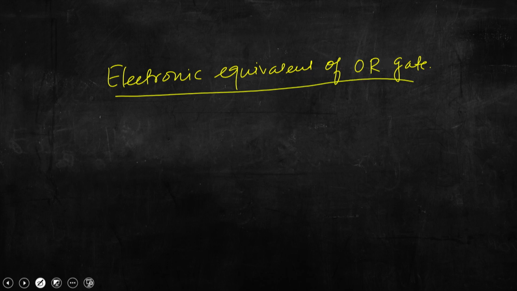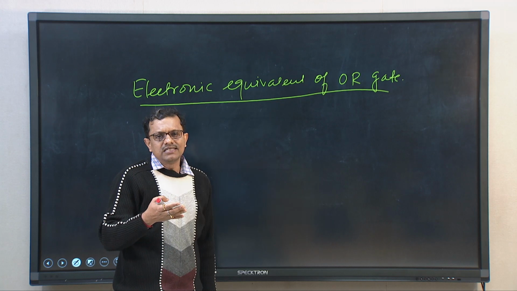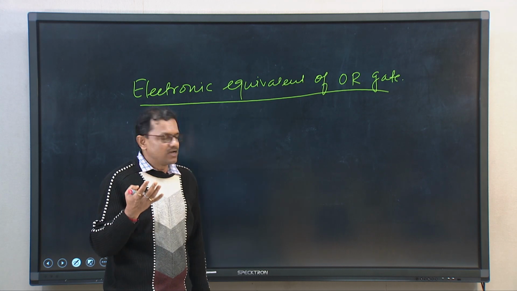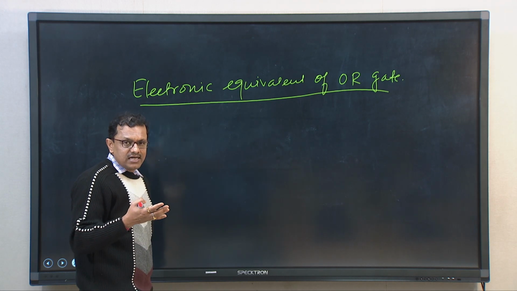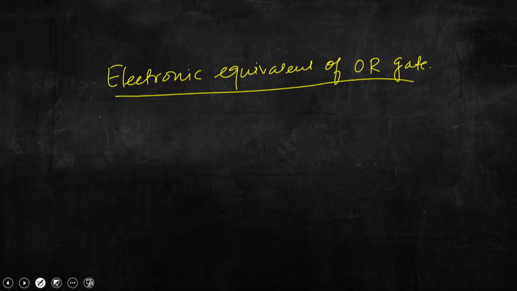It is an equivalent electronic circuit. Discrete: as I told you, analog is always continuous, but digital is discrete, basically we have 0 and 1. So, discrete OR gates may be realized by using diodes and transistors. So, that is the electronic circuit.